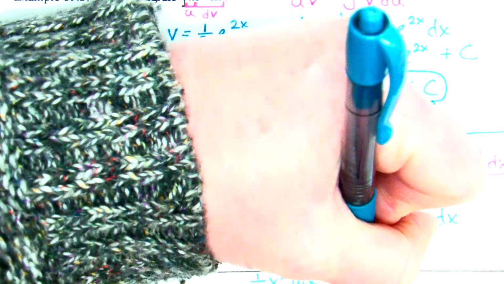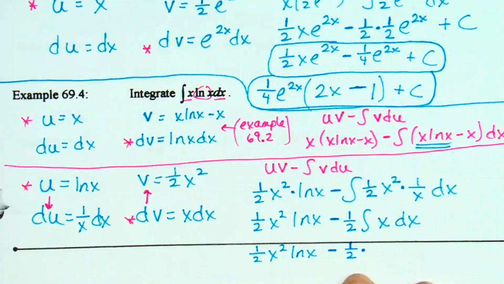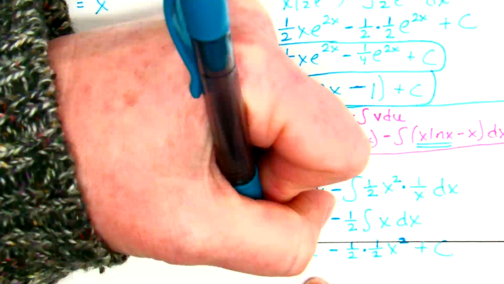Can you integrate x? Much better than we can integrate x ln x, right? Okay, so 1/2 x squared ln x minus, I already have the 1/2 here. What is the integral of x? Yeah, add 1 to the power and divide by the new power, so 1/2 x squared, and don't forget, plus c.